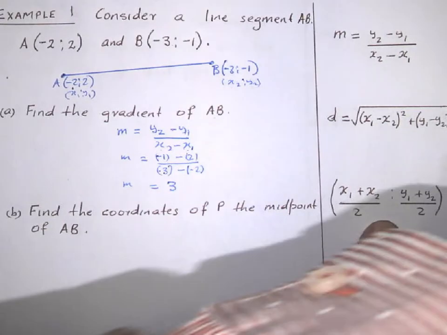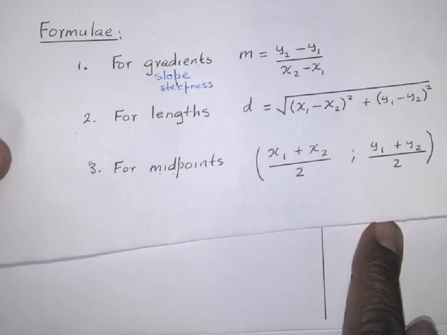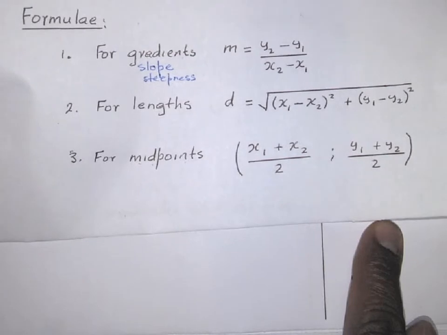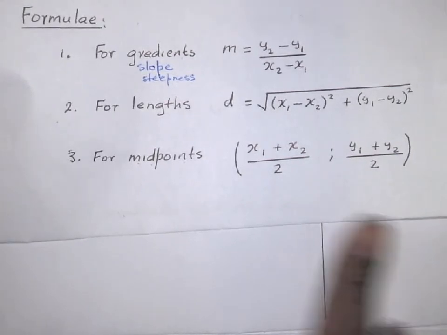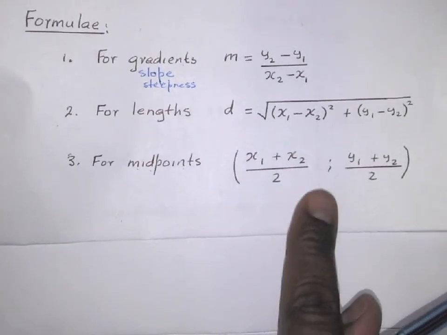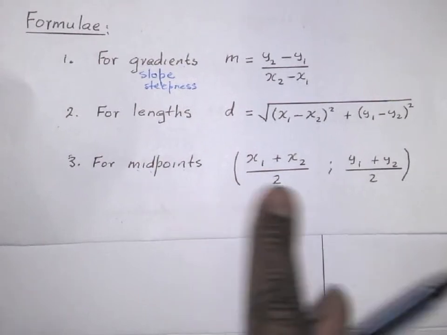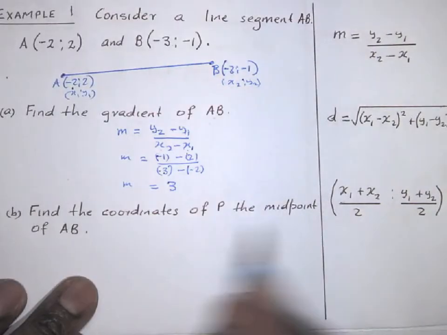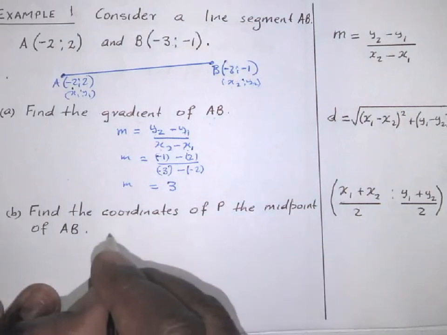This one we said was for the midpoint. It's a point formula like this, which is this one here. So to find the coordinates of P, I've got x1 plus x2 over 2, y1 plus y2 all over 2.